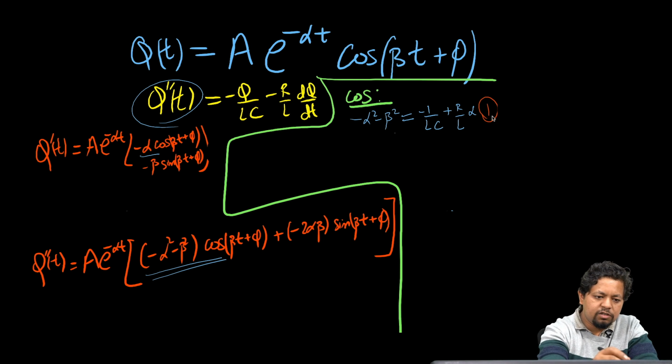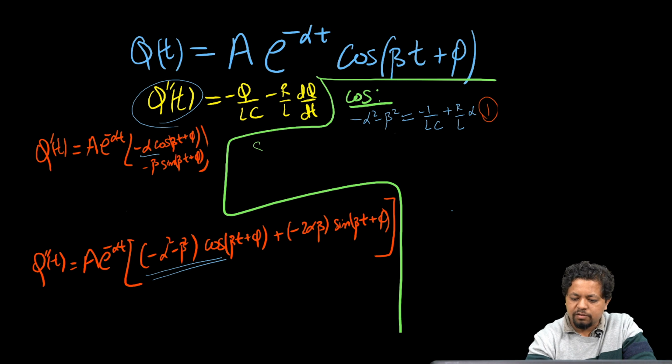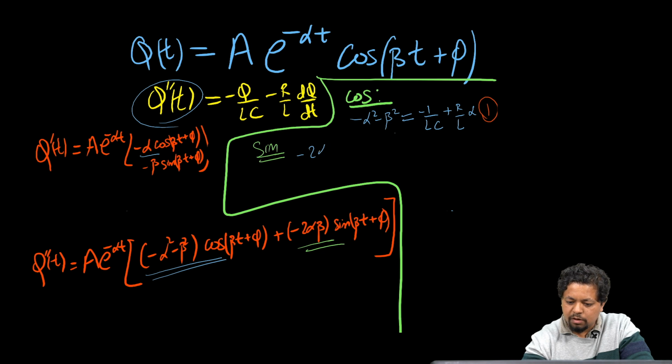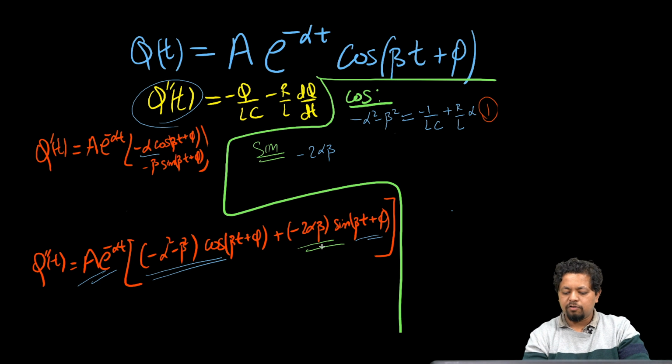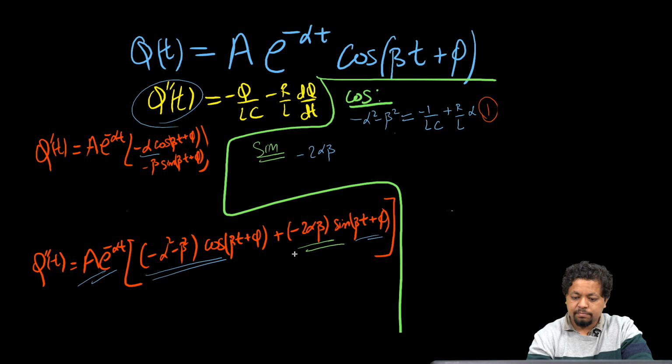And comparing coefficients of sine, from the left hand side, q double prime, the coefficient of sine is minus 2 alpha beta, multiplying e to the power minus alpha t times sine. On the right hand side I've got minus q by LC, which does not have a sine term, it only has a cosine term, so we don't get any contribution from there.